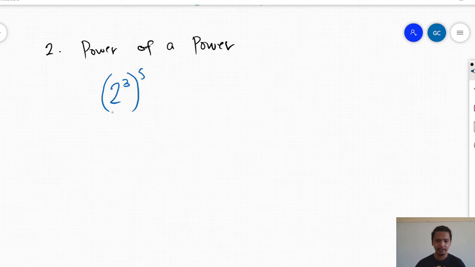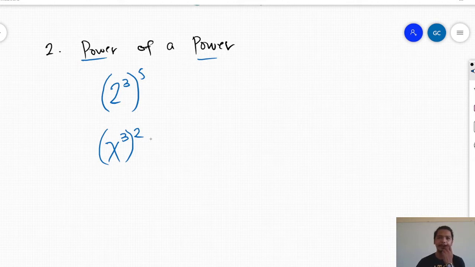So yung 2 raised to 3, that is a power, and that power is raised to another power. Kaya siya tinawag na power of a power. Isa pang example niyan, pwede rin ang x raised to 3, raised to 2. So that is power of a power.